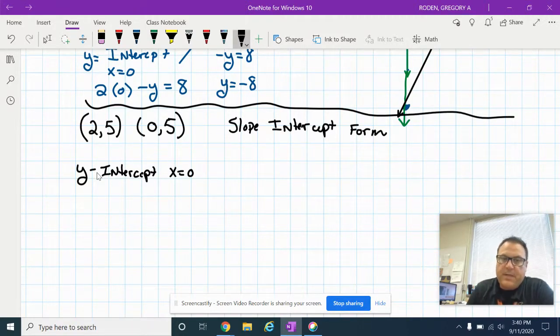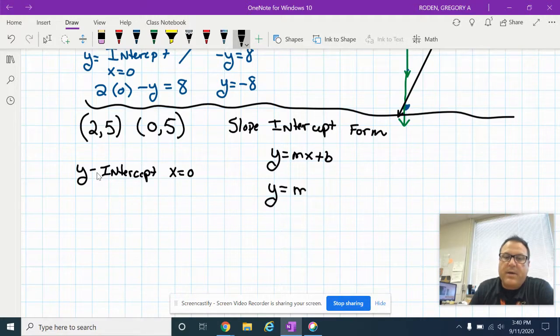So if you see an x equals 0, right away, that number with it is the y-intercept. And in slope-intercept form, like we've talked about earlier, y equals mx plus b, b is your y-intercept. So right away in this problem, we can say that we have y equals mx plus, in this case, 5. So we already know our y-intercept is 5.